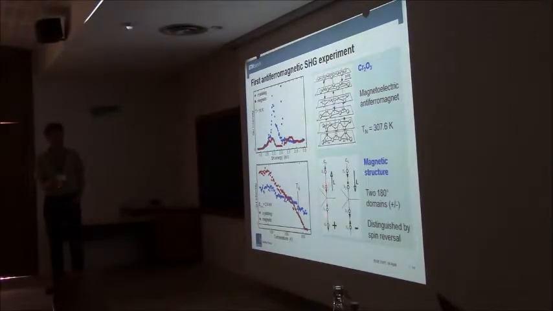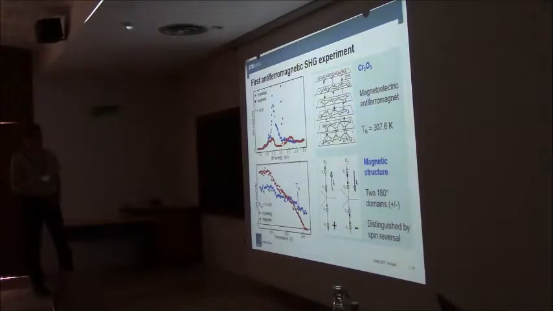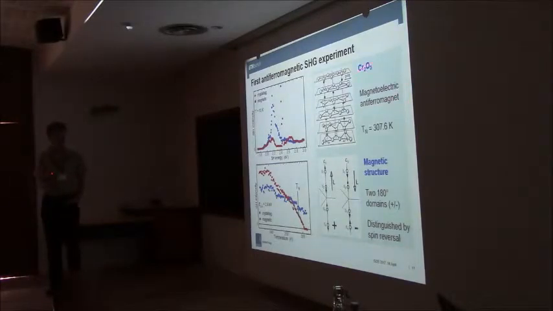So up, down is different from down, up. And here you see you have the two signals, one from the magnetic, one from the crystallographic order of this compound chromium oxide, which has this spin chain. The crystallographic order changes a little bit with temperature, the second harmonic signal, but nothing dramatic happens at the ordering temperature. This is shifted somehow, it should be here.